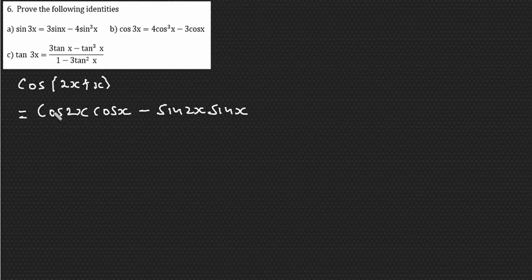So there is a double angle here which we can now eliminate, and remember that cos 2x is the same as 2 cos squared x minus 1. I'm using this because I need to have cos only.